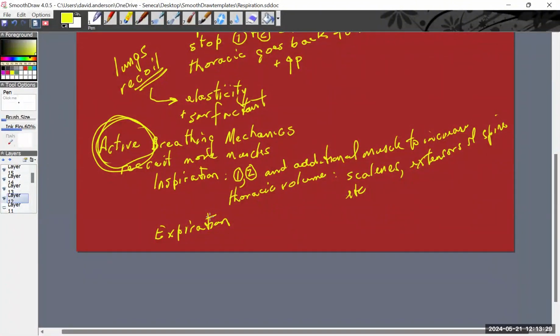But if we're trying to breathe at a faster rate, then we're going to also recruit some muscles that are going to help us with expiration as well. So what we're going to see here is we would recruit muscles like, if we had external intercostals up here, we're going to recruit the internal.